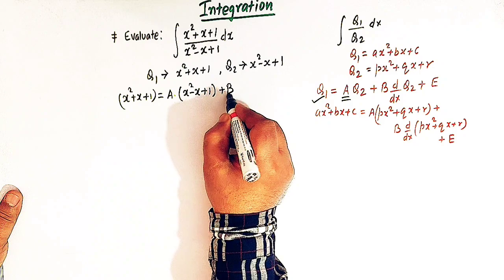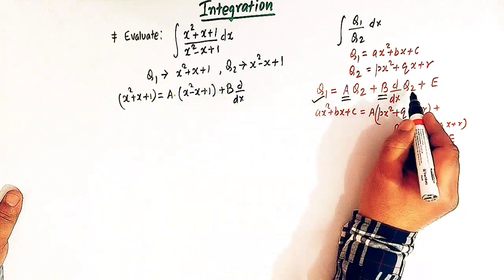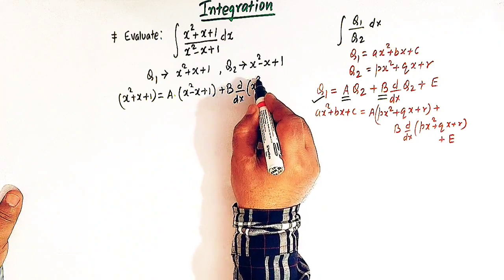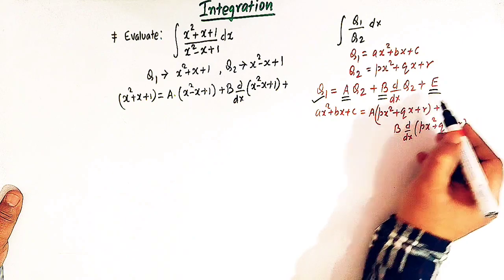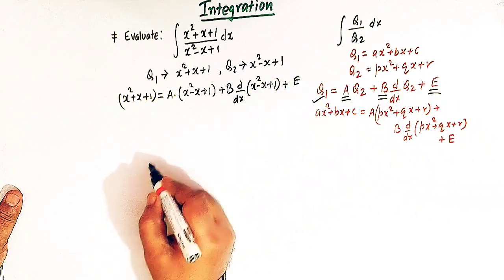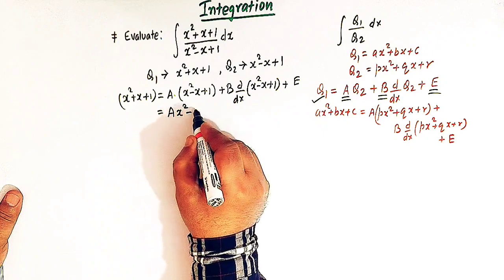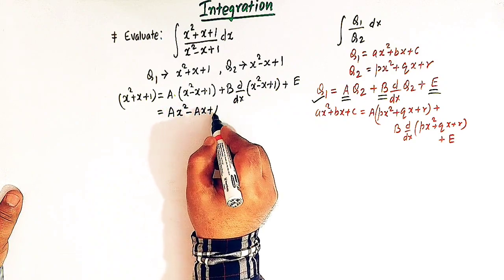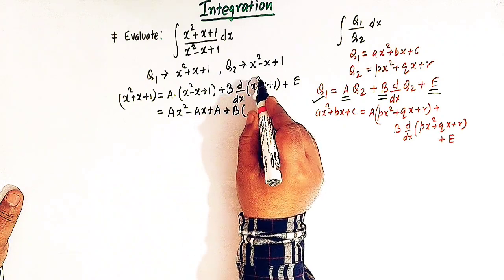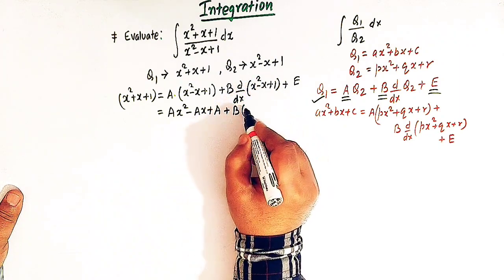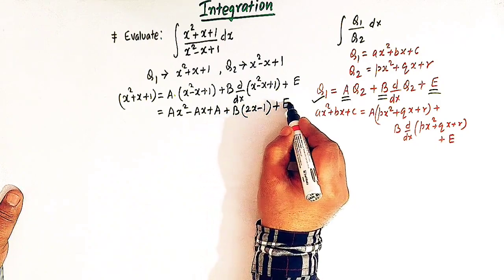Then we have the constant b times the derivative of q2, and then the constant e, right? Now we can write ax square minus ax plus a, and then b times the derivative of x square minus x plus 1, which is 2x minus 1, and here we have e.